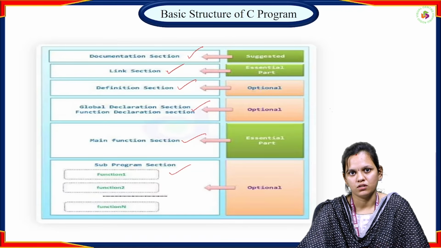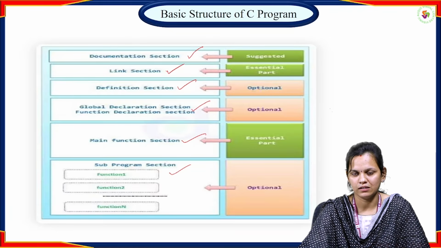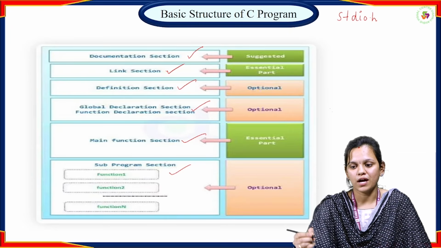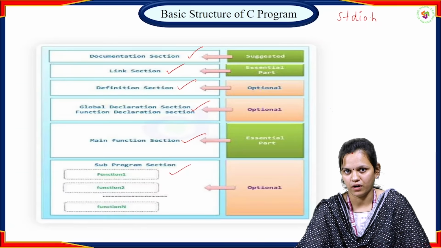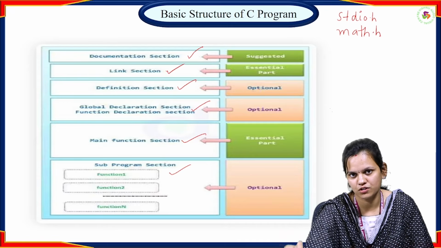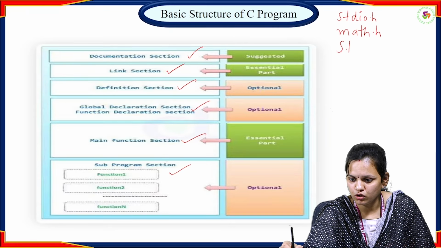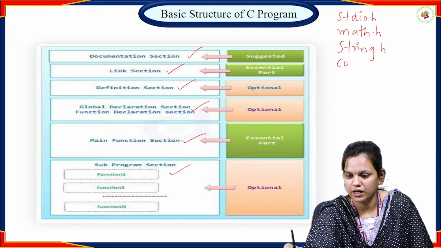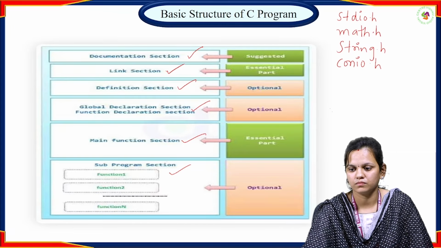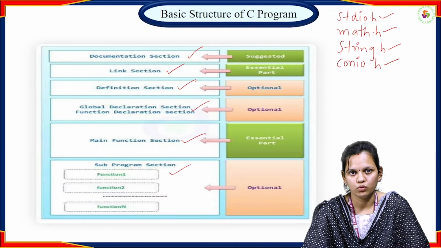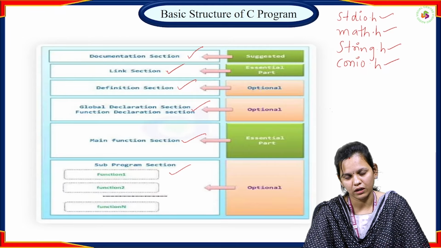We have some functions which are predefined in header files, like stdio.h, which stands for standard input output header file, and a few other header files like math.h, string.h and conio.h. All these are header files which are included in the preprocessor section or link section.